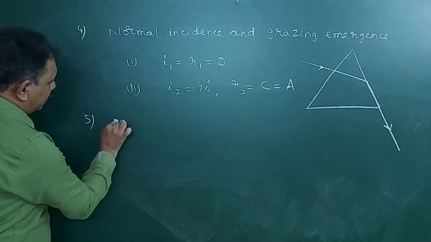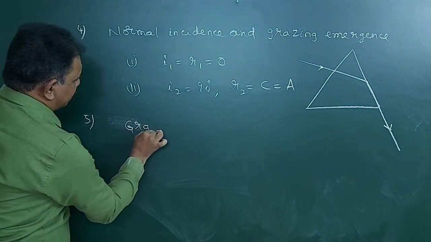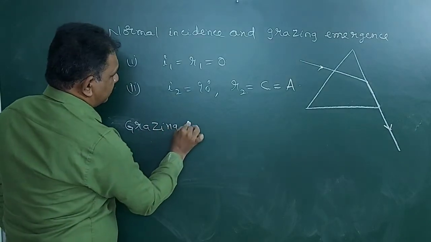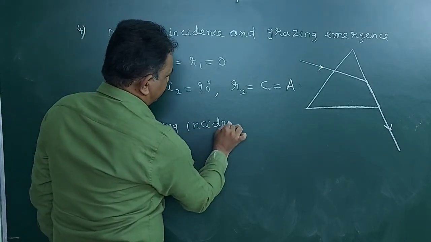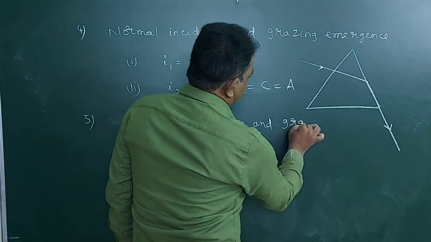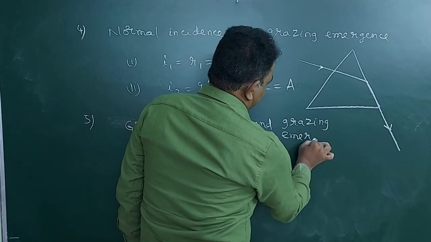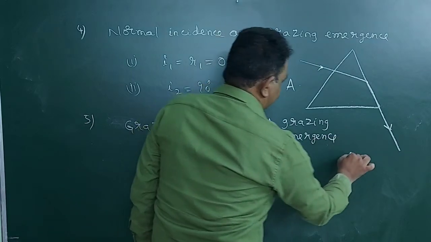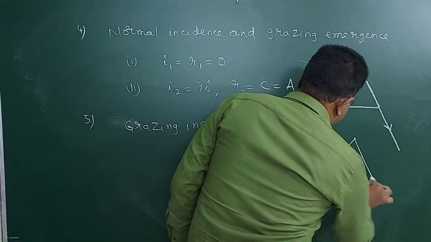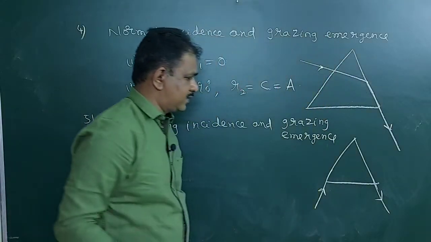Next, grazing incidence and grazing emergence means the light ray is incident like this, refracted like this.